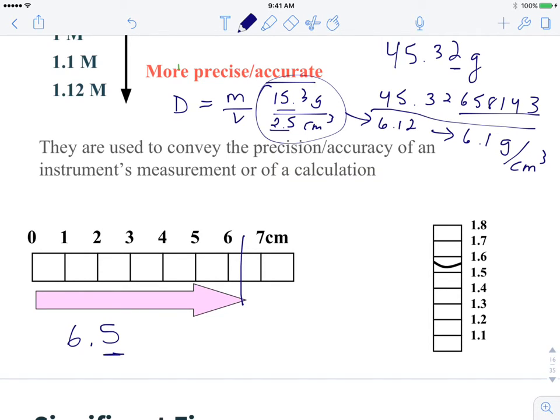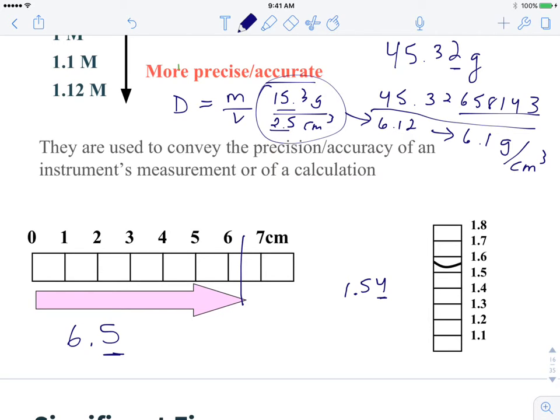This was a guess, but using analog equipment allows me to do that. Over here, let's say it's a graduated cylinder, and a student records this, they know it's 1.5 or 1.6, so they record it as 1.54. They recorded this value here, and this was guessed.